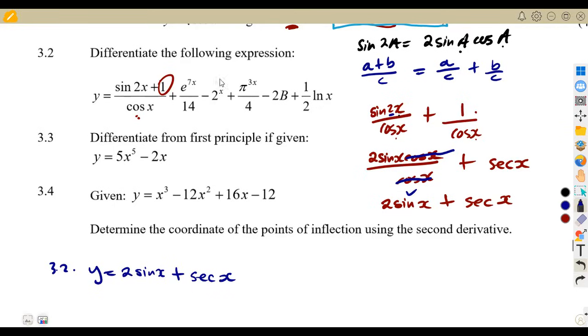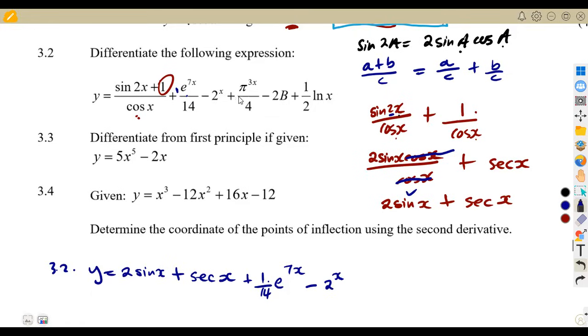All right, then we move on to the second one. The second part here, it's fine. We can just maybe separate like 1 over 14, but it's fine. This one, 1 over 14 e to the exponent of 7x, so that you properly see the constant and the term. Also this one is fine. There's nothing to change.